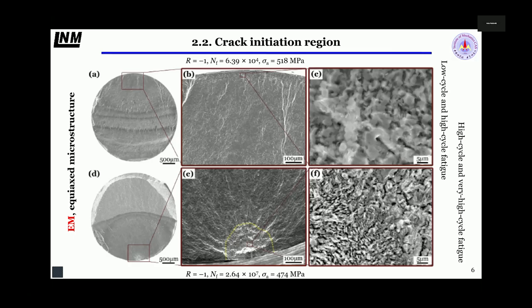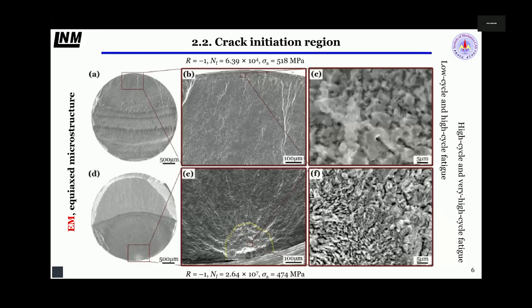We cannot determine the specific crack origin. And in this figure it is easy to find the granular region, the granular fracture surface, just like this. This region means the crack initiation region.